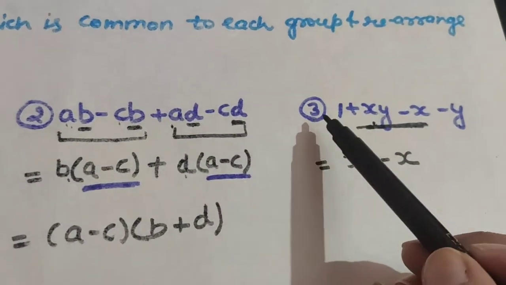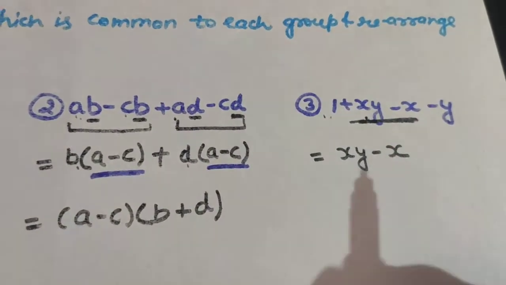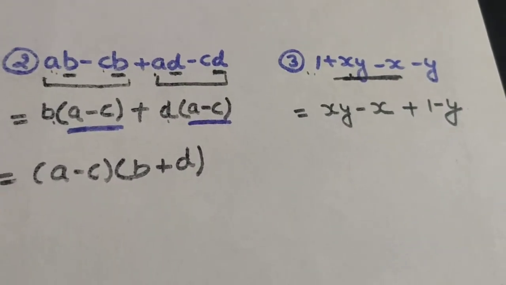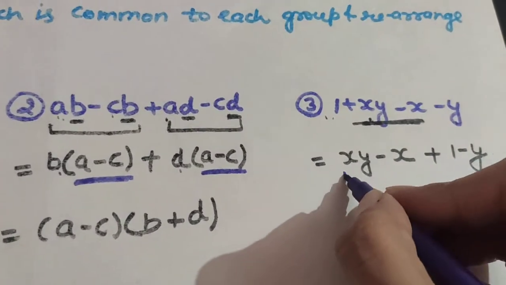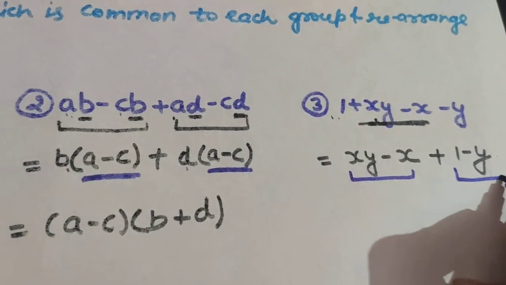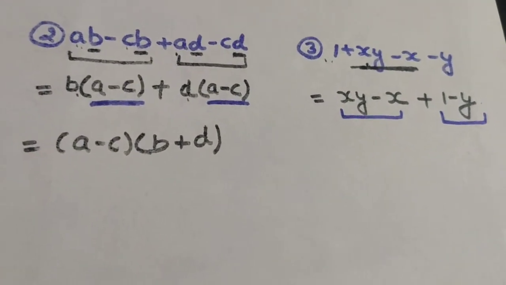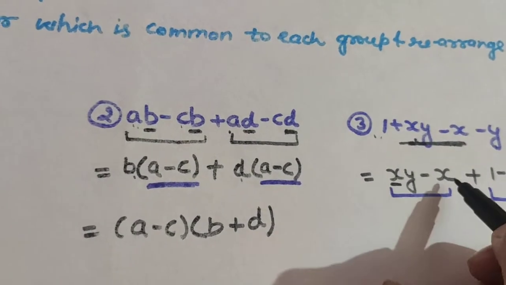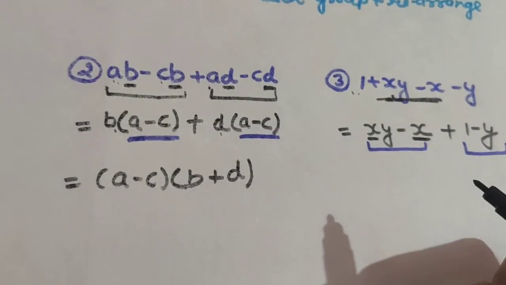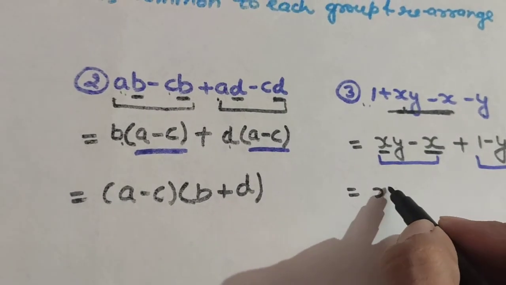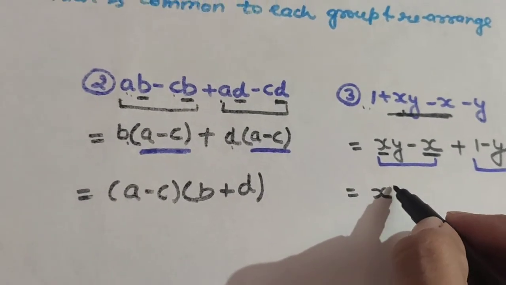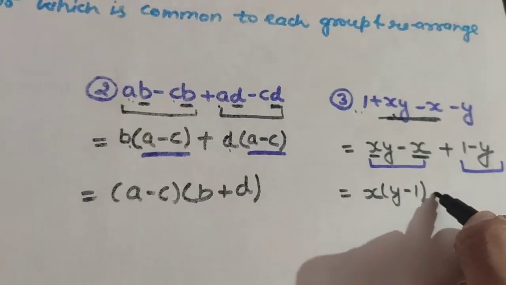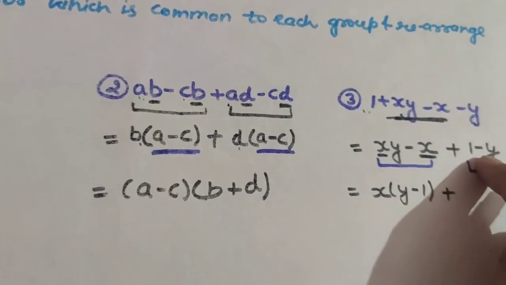Now what is left? It's the first and the fourth term. So write down the first and the fourth term as they are. This is our first group and this is our second group. Now factorize each group. From this group we can take out x as common, so it will be x times y minus 1. Now what is the second group? It's 1 minus y.